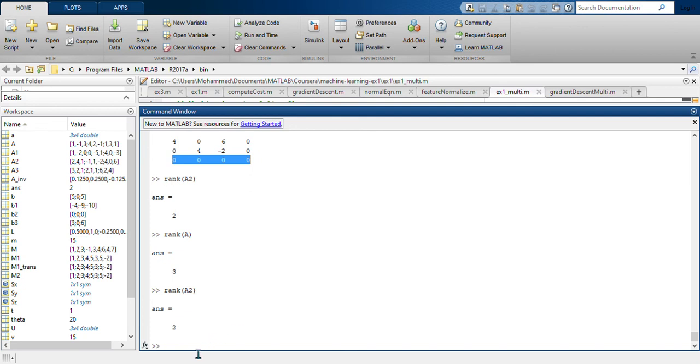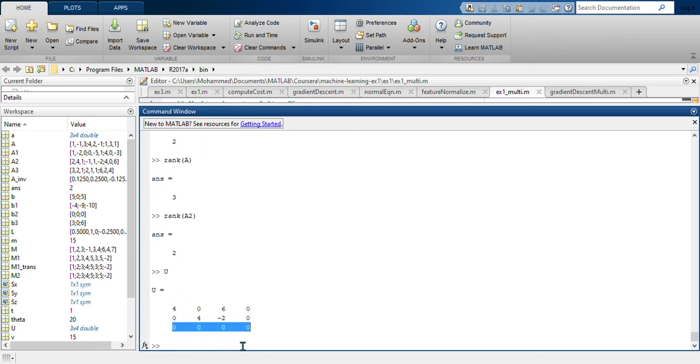Okay, so let me type that. The U has an entire row of zeros, so it represents the case of multiple solutions. And because it's a homogeneous system, we know for sure one of the solutions is the origin: x equal to 0, y equal to 0, and z equal to 0.